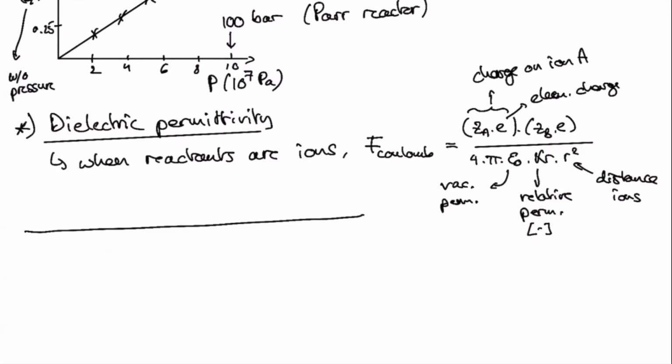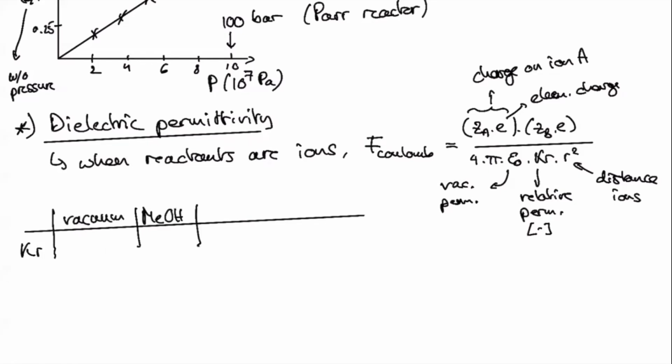So let's put some numbers on this. If we have epsilon r for vacuum, methanol, water, chloroform, and for example DMF, then by definition the relative permittivity of vacuum is set to 1.